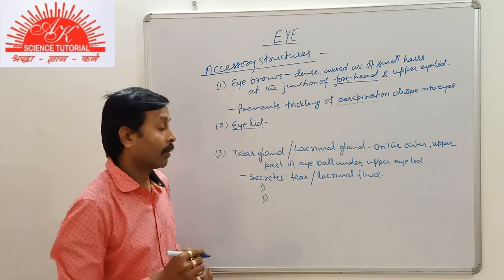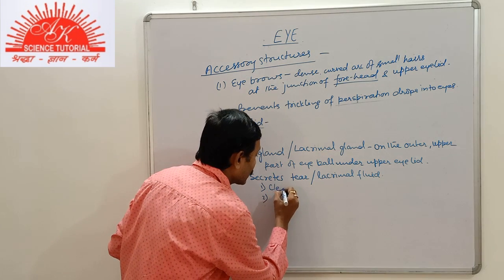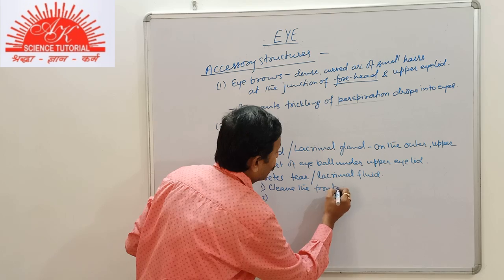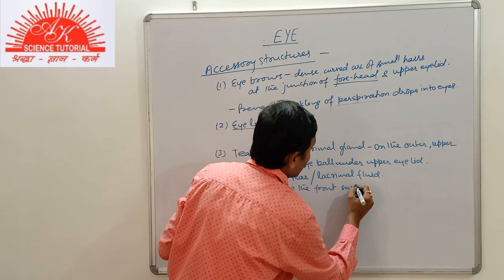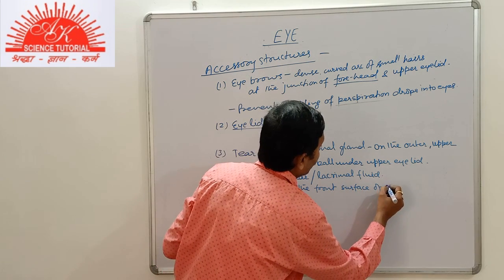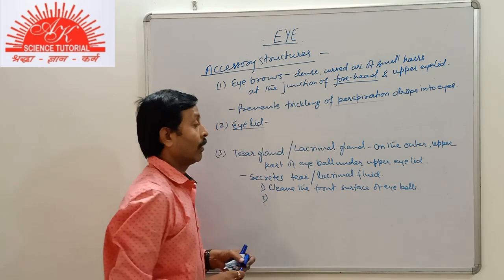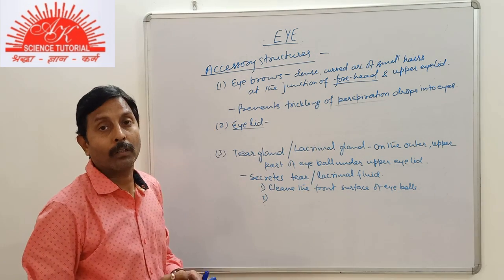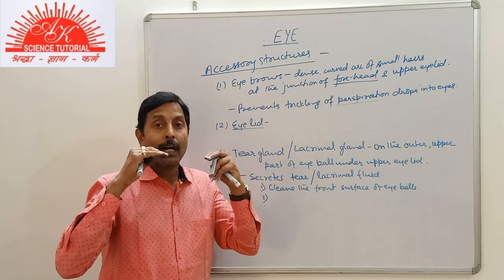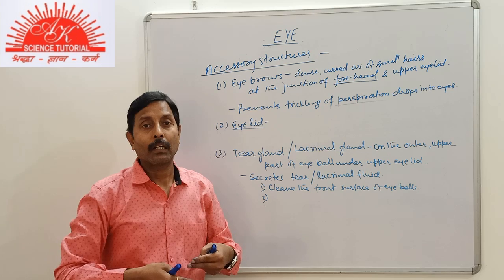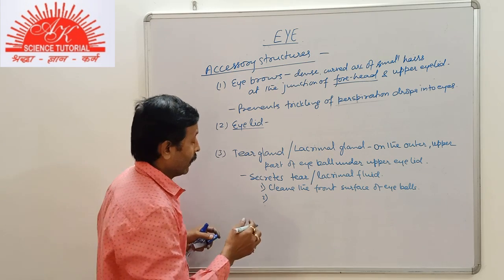First, it cleans the front surface of the eyeball. The eyelid blinks and spreads it over the surface, and then it will be cleaned.